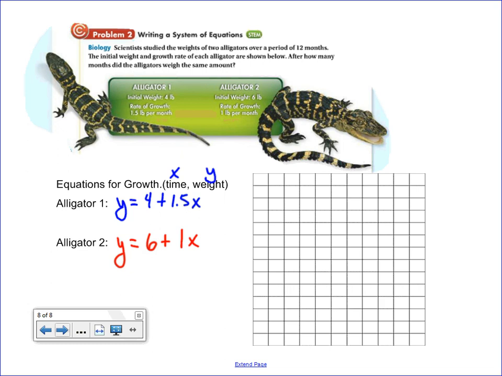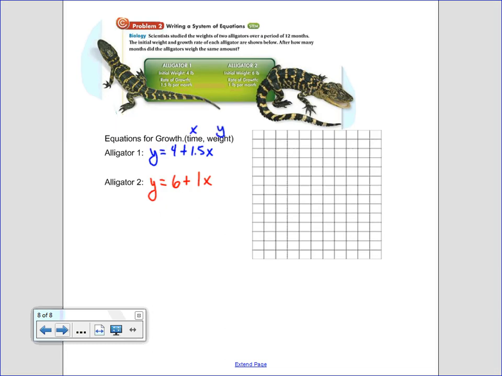So if I were to look at the graph, first thing you've got to have time down here in months. And here you'd have your weight, and that weight is in pounds. And we have 1, 2, 3, 4, 5, 6, 7, 8 months, and so on.